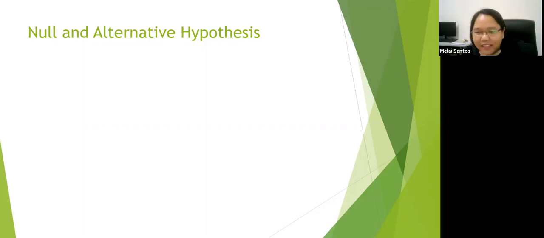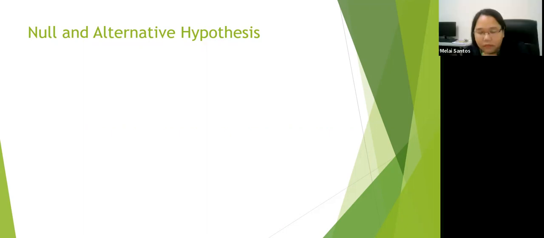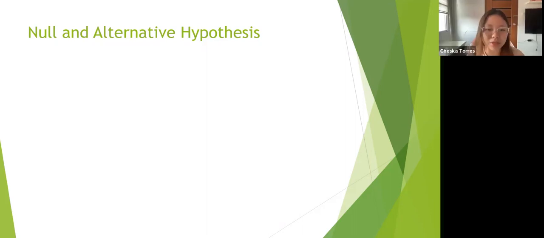The hypotheses of the study on the use of online grammar checkers and English writing proficiency. First, there is no significant difference in the frequency of use of online grammar checkers between male and female students. Second, there is no significant difference in the writing proficiency between male and female students.